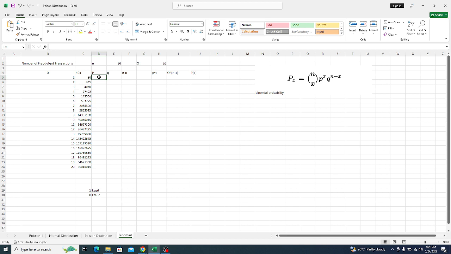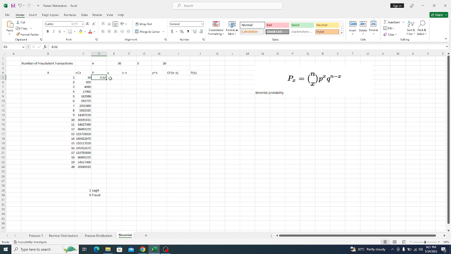So we are going to use 0.02. This is the probability of success. If we have this probability of 2%, then it means most of our transactions are good.